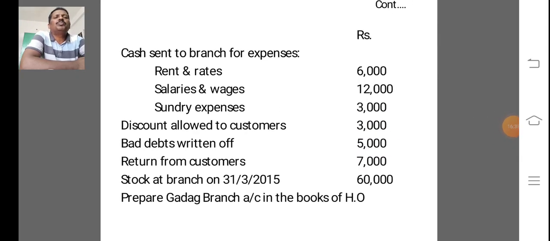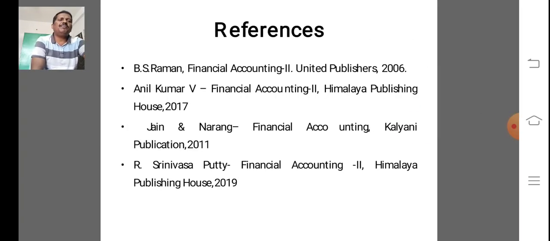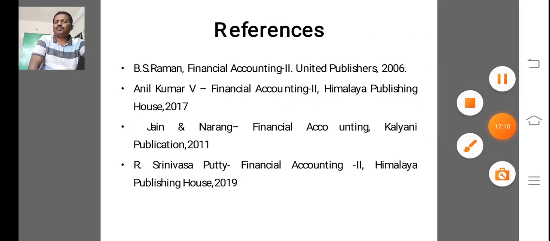Cash sent to branch for expenses under this heading: rent and rates 6,000, salaries and wages 12,000, sundry expenses 3,000, discount allowed to customers 3,000, bad debts written off 5,000, returns from customers 7,000, stock at branch on 31/3/2015 60,000. The question is, prepare a Gadag branch account in the books of head office. So these are the references we are using.